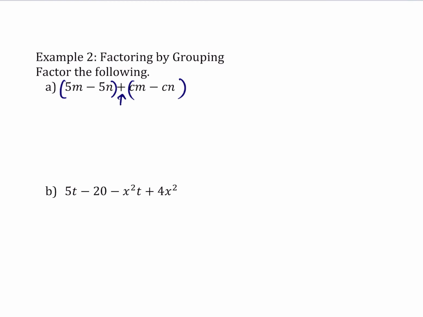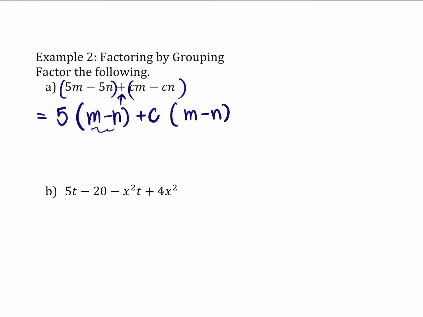So now I can look at 5m minus 5n and see what they have in common. I know they're both divisible by 5, so I'm pulling out 5. I'm left with m minus n. For my binomial on the right, each of them have a letter c, so I'm taking out positive c. And again, I'm left with m minus n.